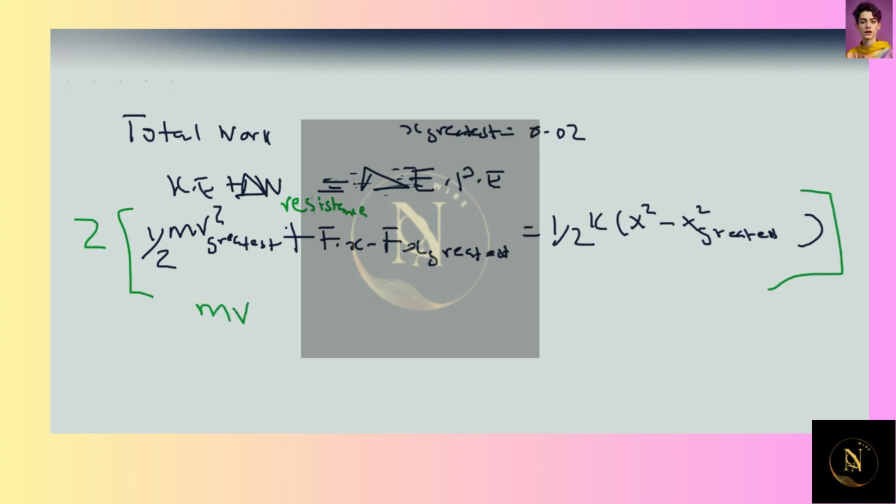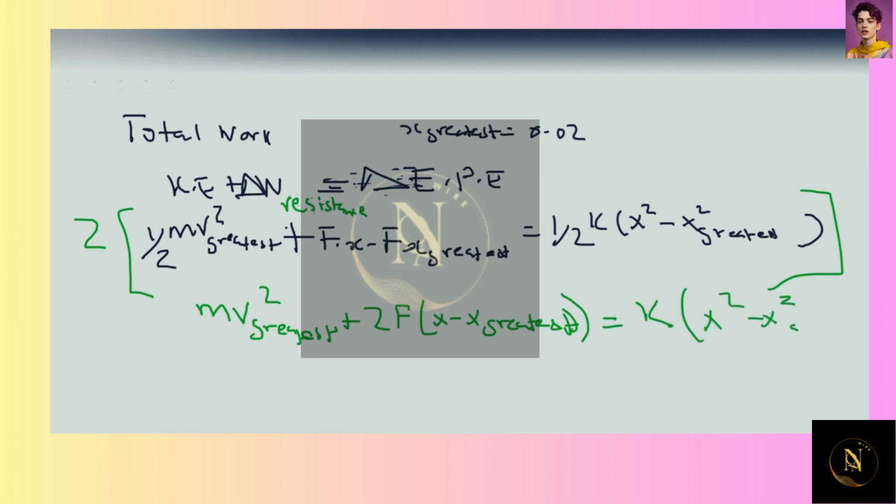So this is m v greatest squared plus 2F times x minus x greatest equals k times x squared minus x greatest squared.